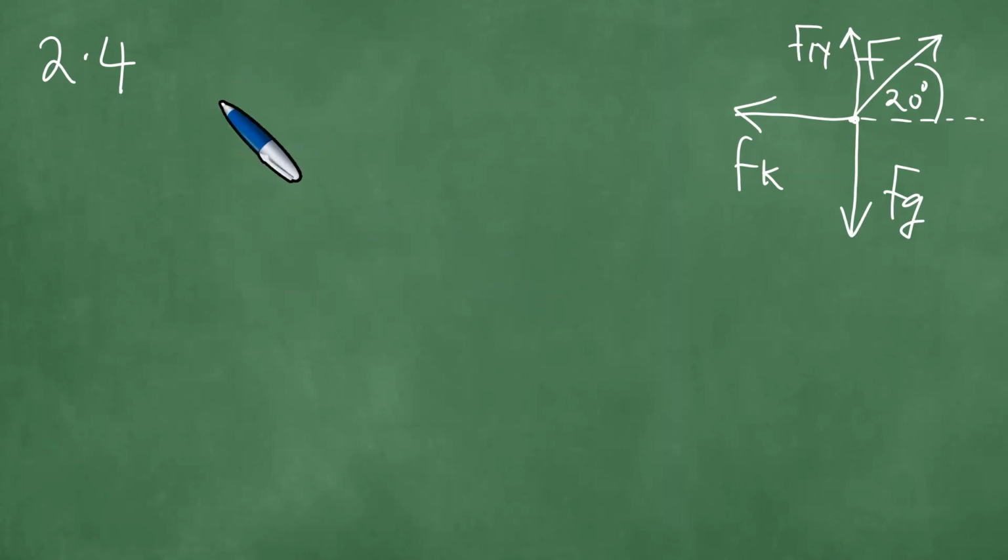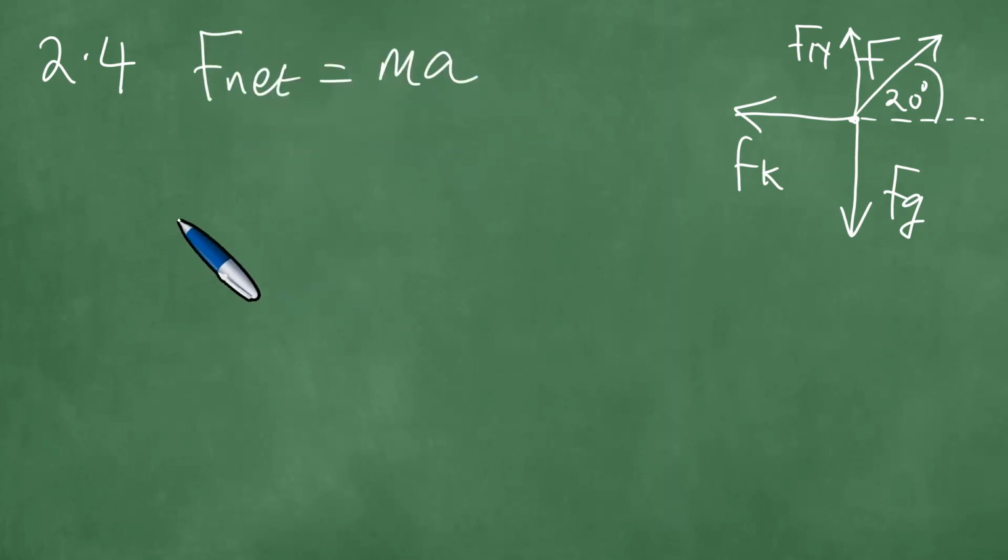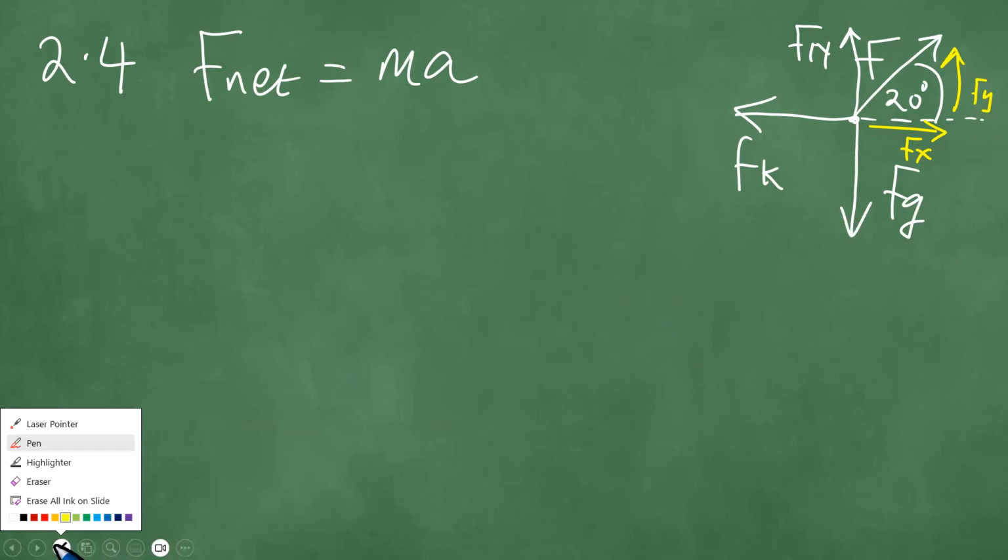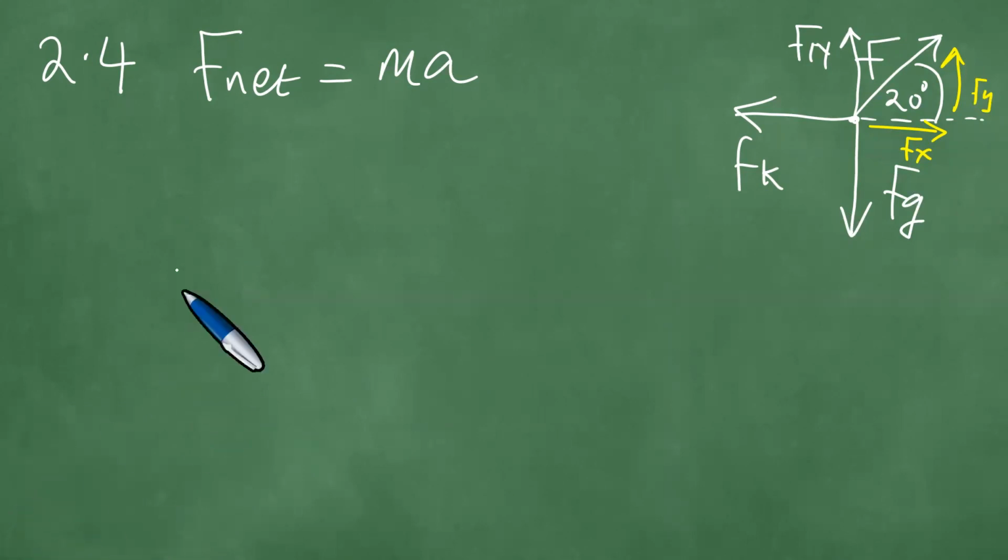Right, so we then say F net by Newton's second law is mass times acceleration, but obviously because there is no vertical motion of this object, we need to also include all forces in the vertical. So let us include all forces in the vertical.